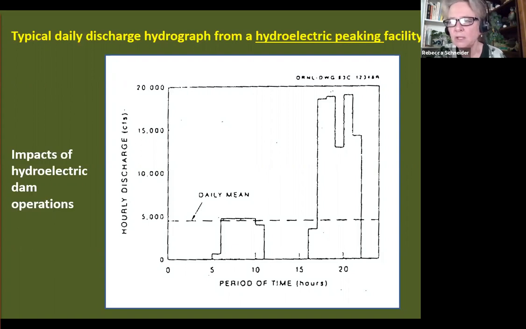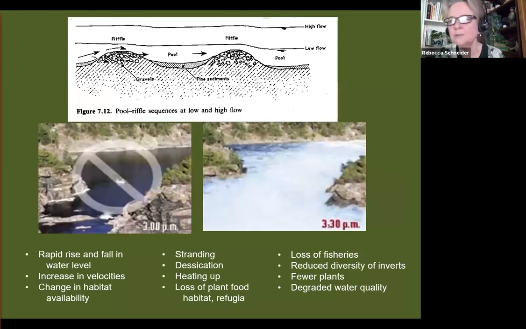And when that's the only goal, the best way to do it is to turn off the river, store the water until you want to make electricity, and then turn it on, and then turn it back off. In this hydrograph, the horizontal axis is hours. That means in the course of one day, they turned on the water, the discharge was 5,000 cubic feet per second, then they turned it off. Then later in the day, they turned it back on, and then they turned it off.